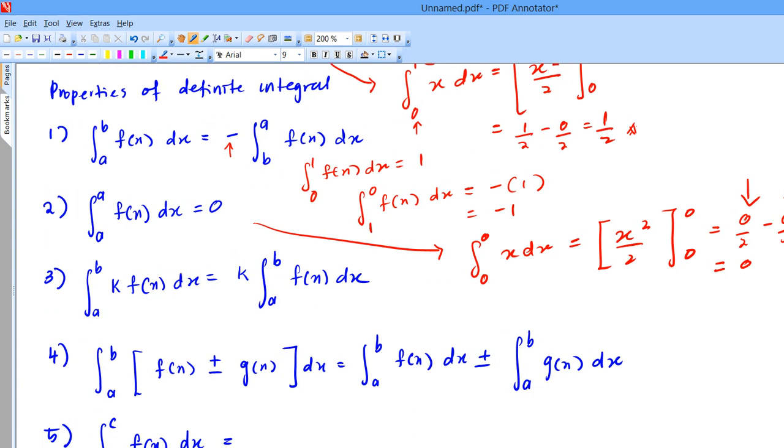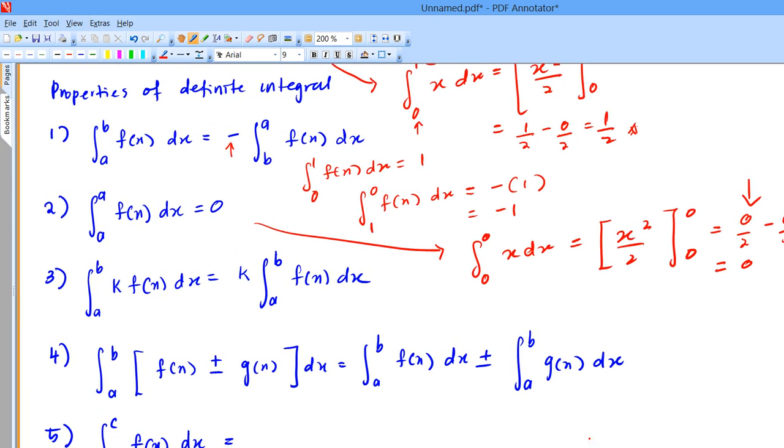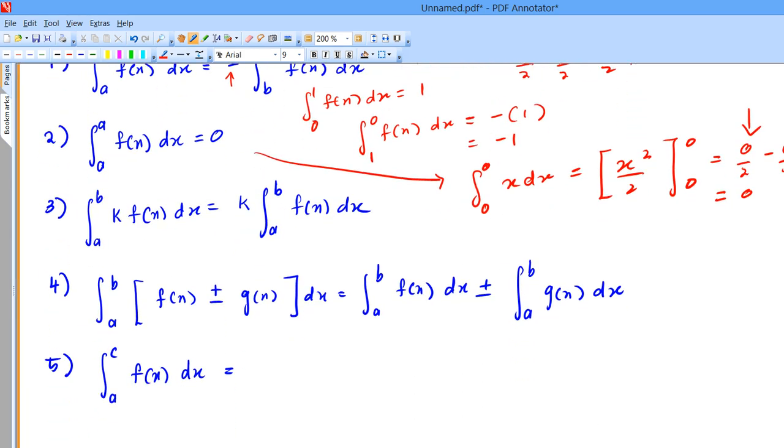Okay, next, number 3, if we have integral of k f(x), k here actually refers to a constant, dx from a to b, we can factor out k and then solve for the integral.